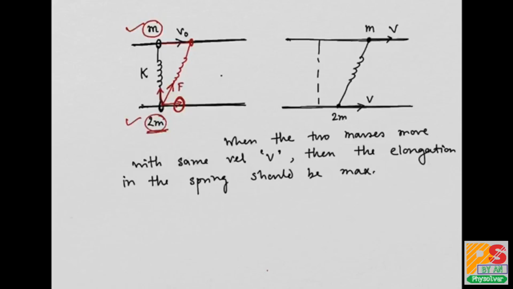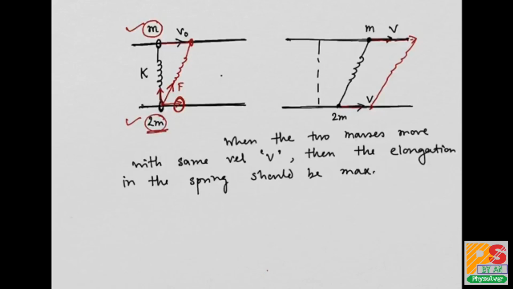The basic reason is, suppose if velocity of mass m is greater than velocity of mass 2m, then after some time this m mass will move a greater distance than this 2m mass. Therefore the length of the spring will get more elongated, right? Length of the spring will increase.